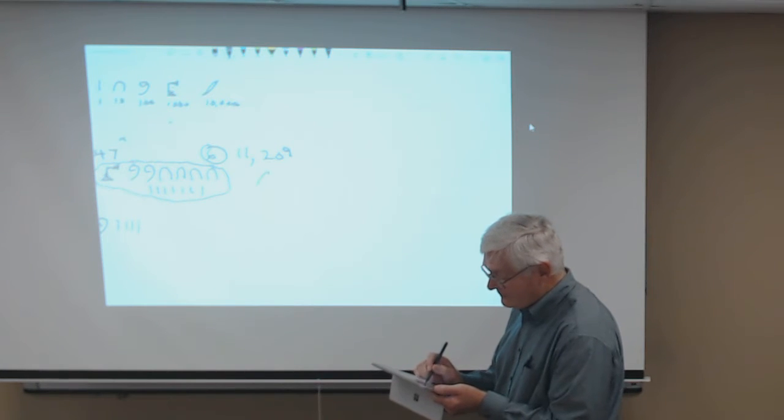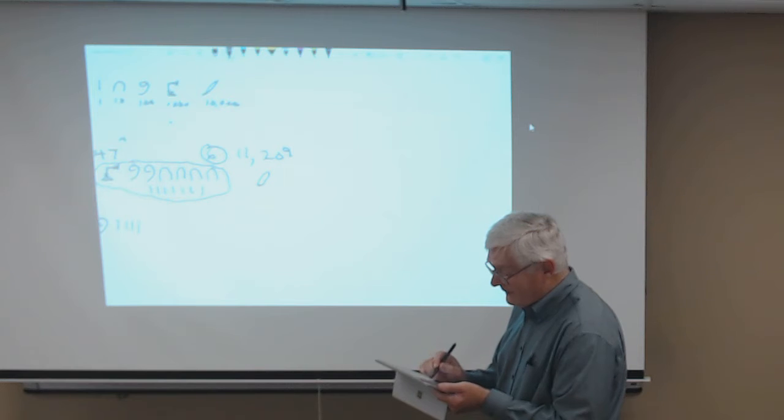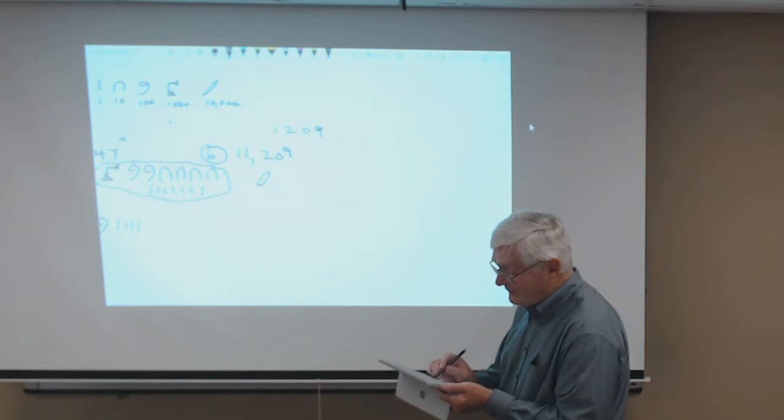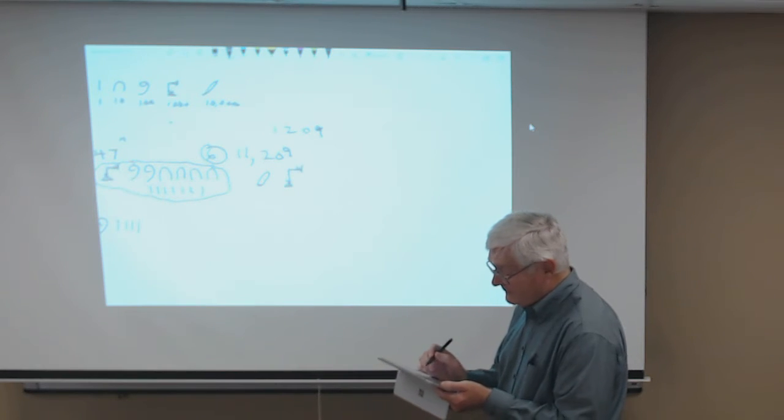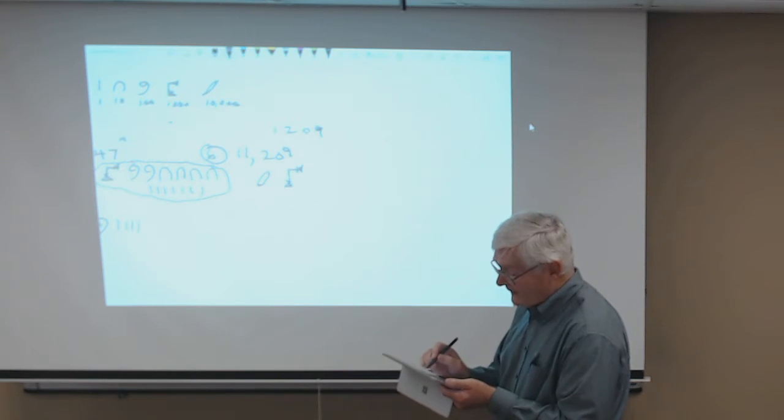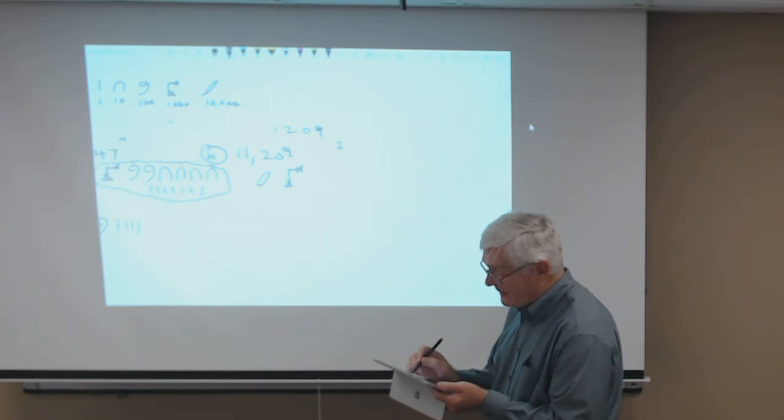A pointy finger. And that leaves me with 1,209. And what do I do with that? Draw a lotus flower. And that takes care of 1,000. So now I'm down to 209.